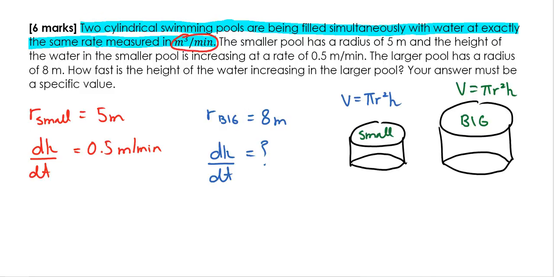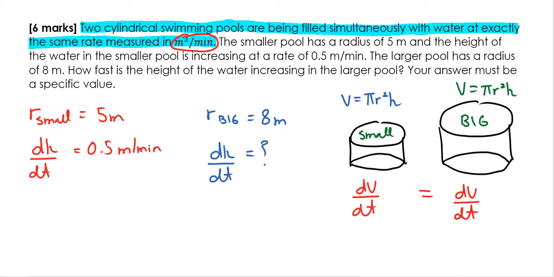What that's saying is that dV by dt, the rate at which the volume is changing with respect to time, over here is equal to the dV by dt over here. Those two rates are equal because the problem tells us that, so dV by dt has to be equal for both situations.